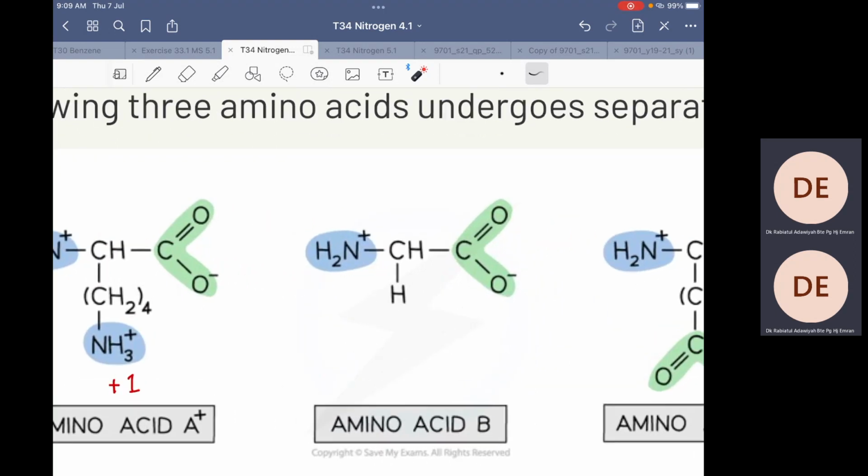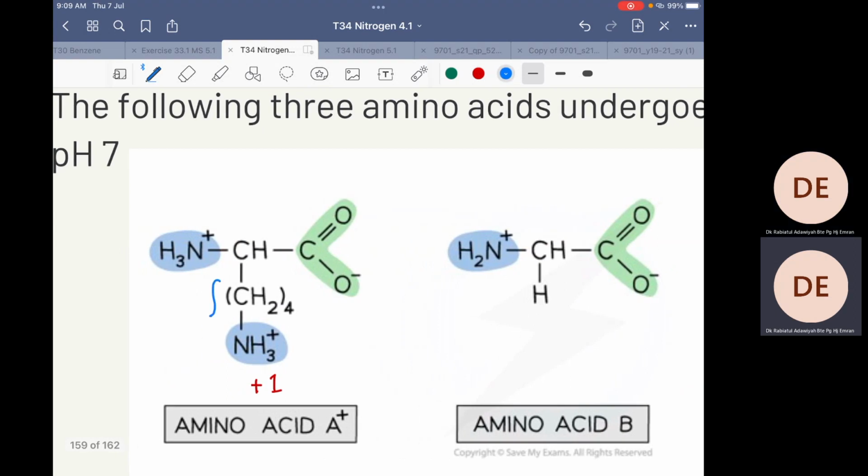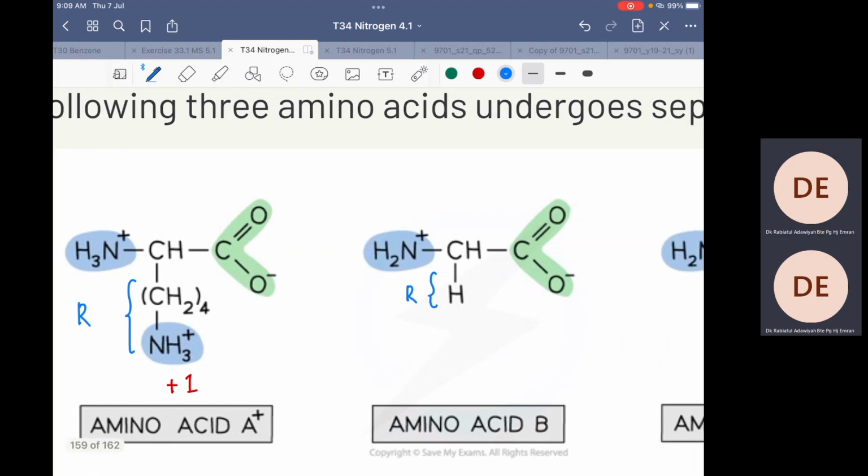Amino acid B, which looks like glycine to me, the R group is H. So I'll just label the R group. But you're not expected to know about the R group anyway, so you don't have to worry about that. You can see there is only one amine group and one acid group, and the charges cancel each other out.